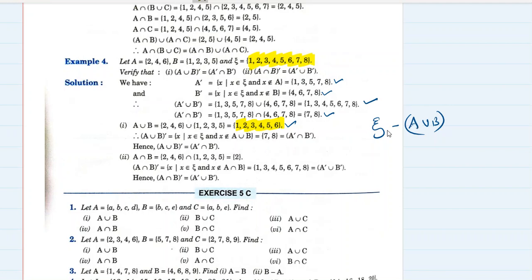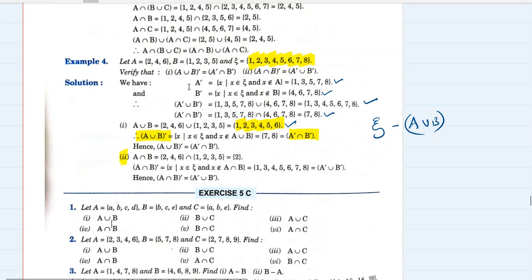So that is A union B complement. And what is A dash intersection B dash? A dash and B dash, what do they have in common? 7 comma 8. So A union B dash is equal to A dash intersection B dash. So the first property is proved, and the second property is also proved in a similar way.